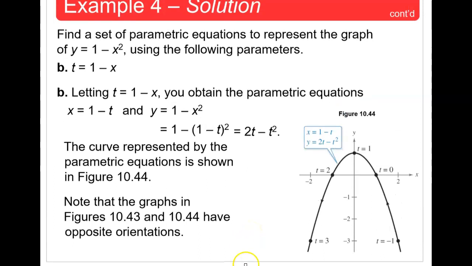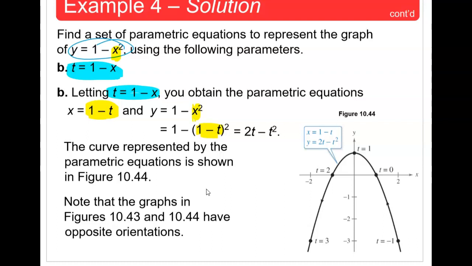Now, this is another example. We could say, well, we want to let t be equal to 1 minus x. So now with the same rectangular equation given, this x squared will get substituted by the whole expression 1 minus t. So you could see here the x squared substituted with 1 minus t.